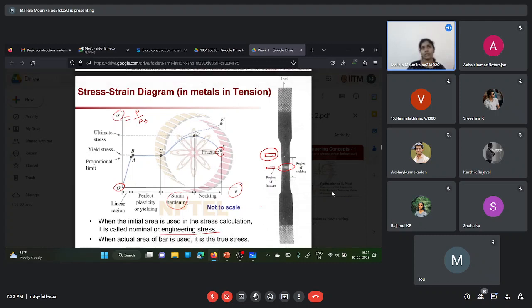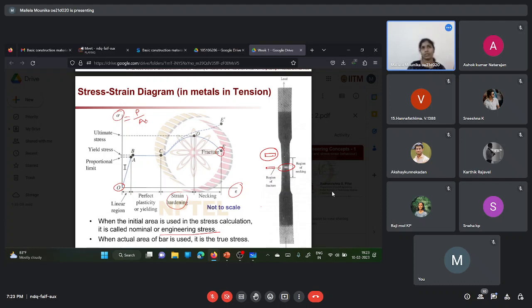What is stress actually? When you apply some kind of load on any material, it will offer some resistance to that load. Like when the load is applied externally on an object, then the object will have some resistance towards it. So the internal resistance offered by the material for the load applied externally, that is called stress.